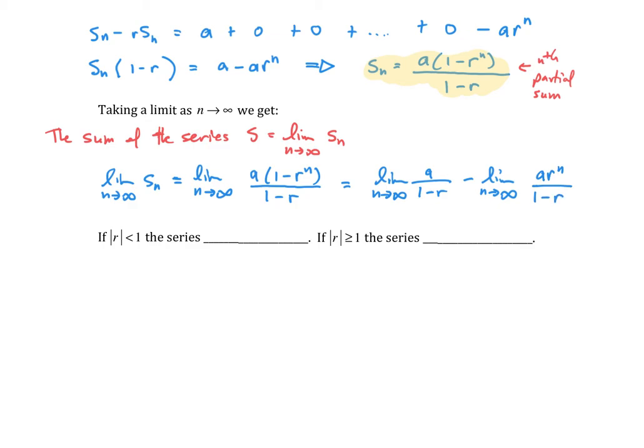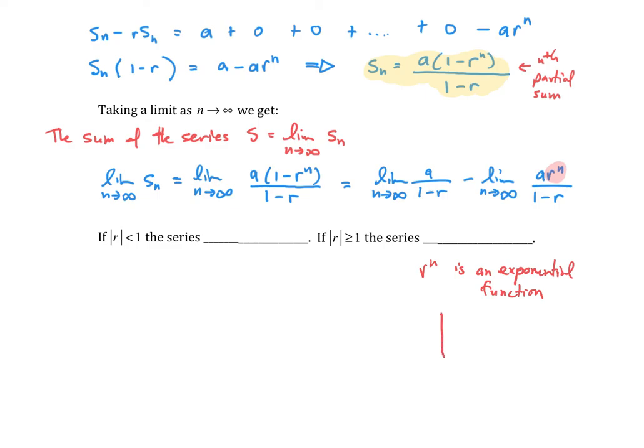Now I want us to pay special attention to this term right here, this r to the n term. I've run out of room, so let me continue down below. What we know from studying exponential functions is, r to the n is an exponential function, right? We had looked at this example in the previous section.